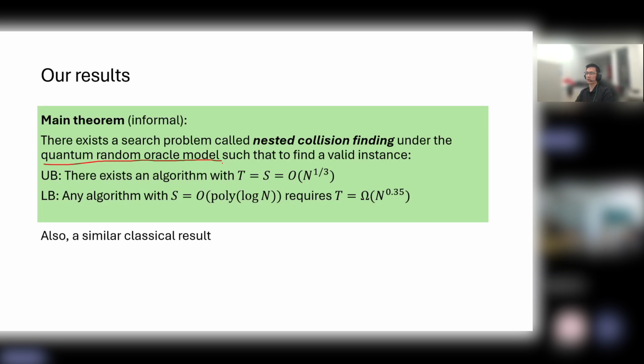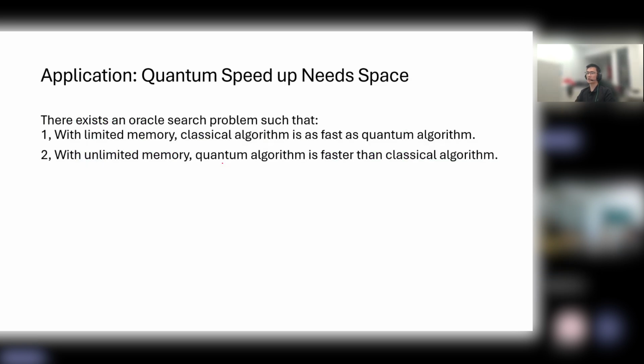So an application of this result is the following. We have a message that shows quantum speed-up needs space. This message is decomposed into two lemmas, two properties on an oracle search problem.